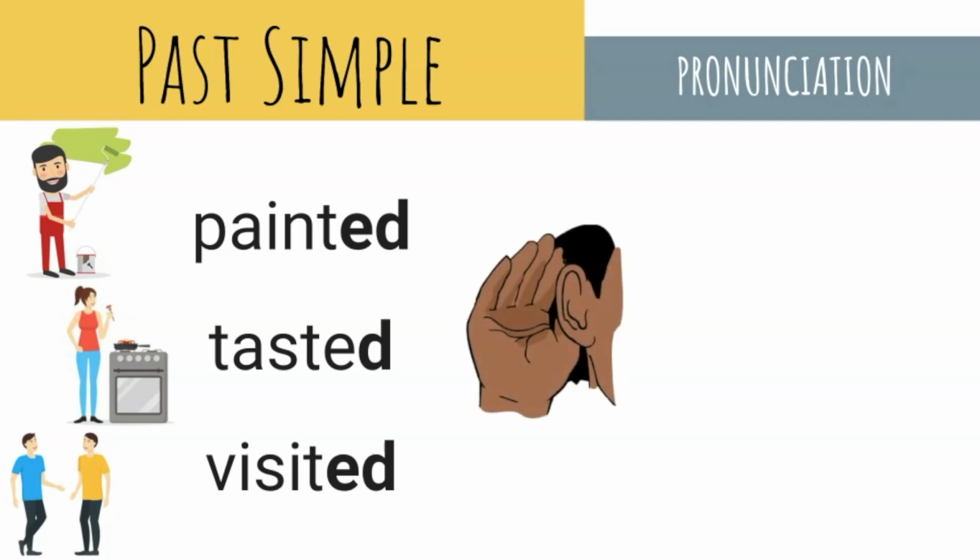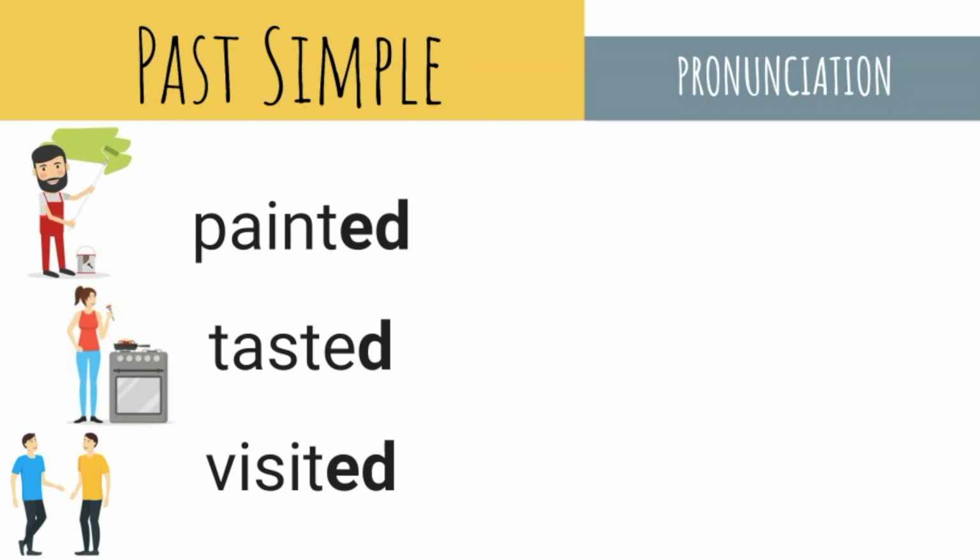What sound do you hear? What sound does the ed make? Painted. Did you say id? You're right. In these words, ed makes the id sound, not the d sound, not the t sound, but the id sound.